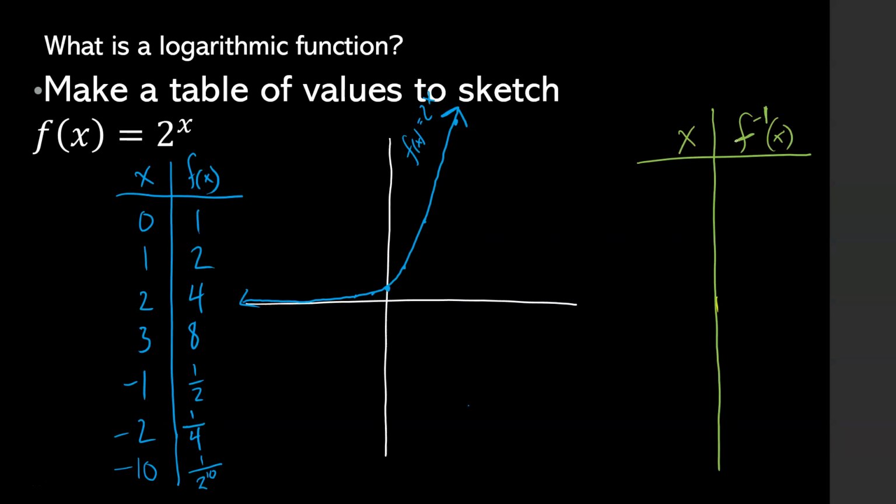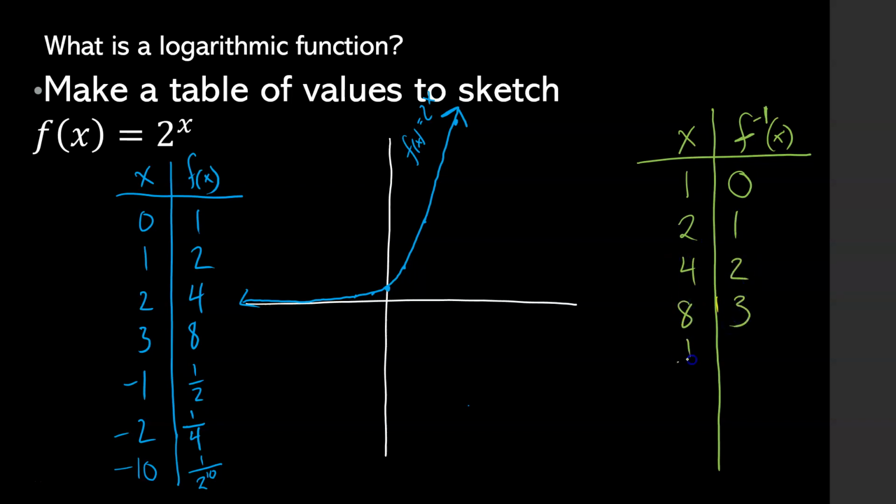An inverse function shares all the same ordered pairs x, y, but with those x's and y's reversed. So 0, 1 in 2 to the power x becomes 1, 0 in the inverse of f. 1, 2 becomes 2, 1 in the inverse of f.